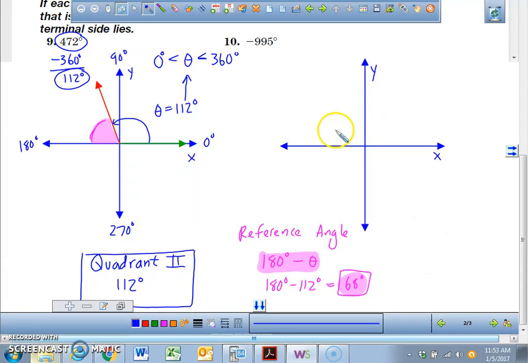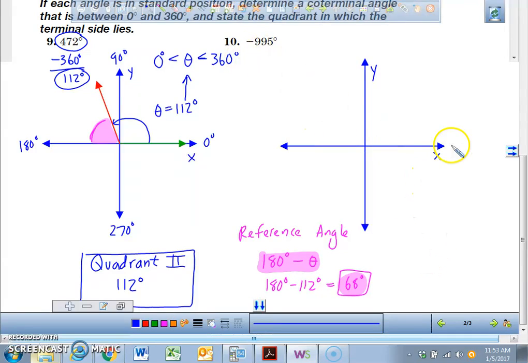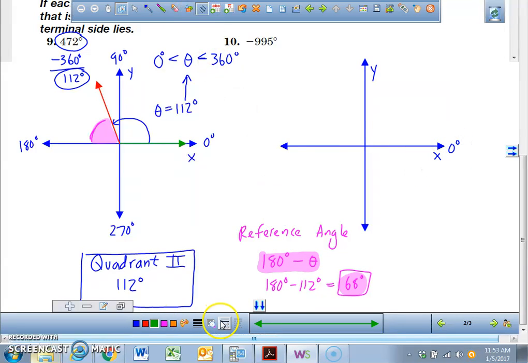Alright, so negative 995. Now, we start at 0. So everybody, we're still starting at 0 right there. But now we're not going positive, we're going negative.